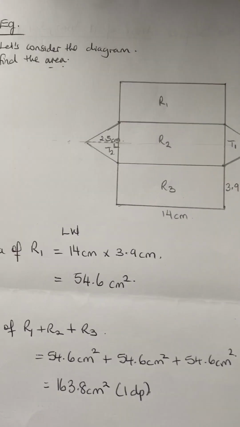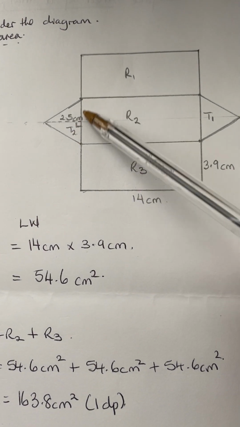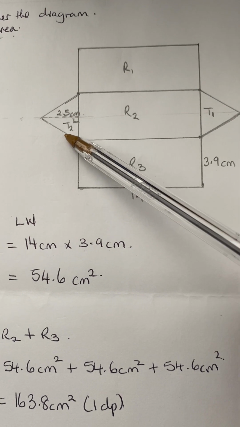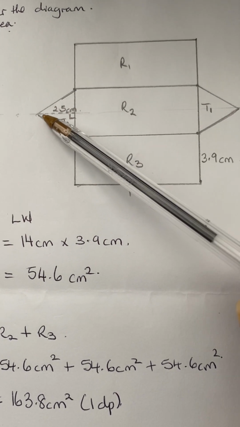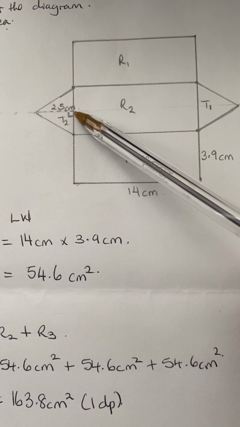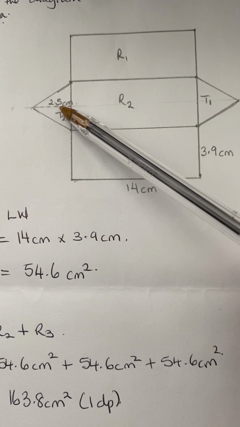Now, look at the triangles. Okay. The base is 3.9 centimeters. I don't need the slanted height. I need the perpendicular height. Okay. Which is 2.5. We've been given that.